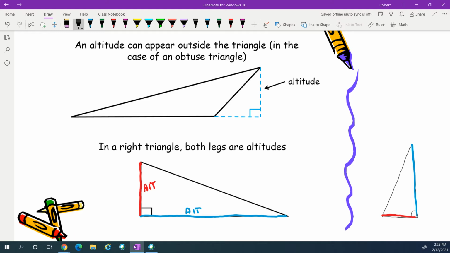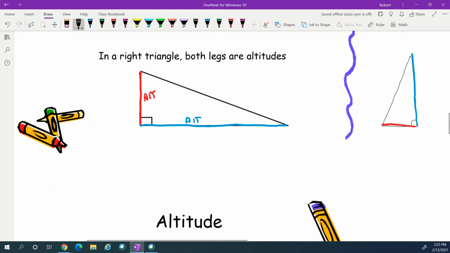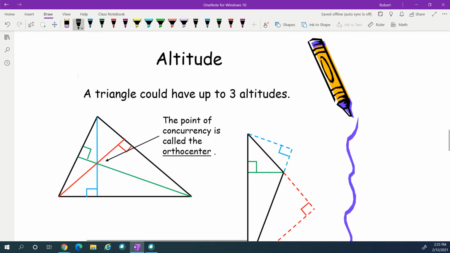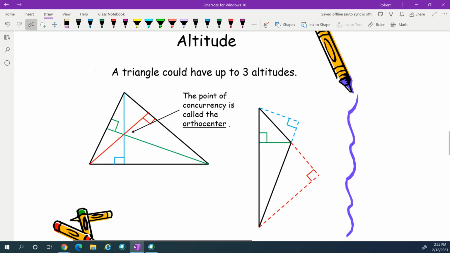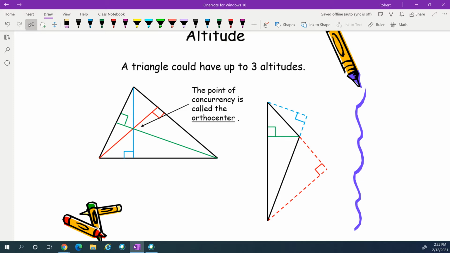Sometimes it's outside the triangle. Like the others, a triangle could have 3 altitudes drawn, and the point of concurrency where they intersect is called the orthocenter. So if we draw all of the altitudes in, that point of intersection is called the orthocenter. Again, just some vocabulary.